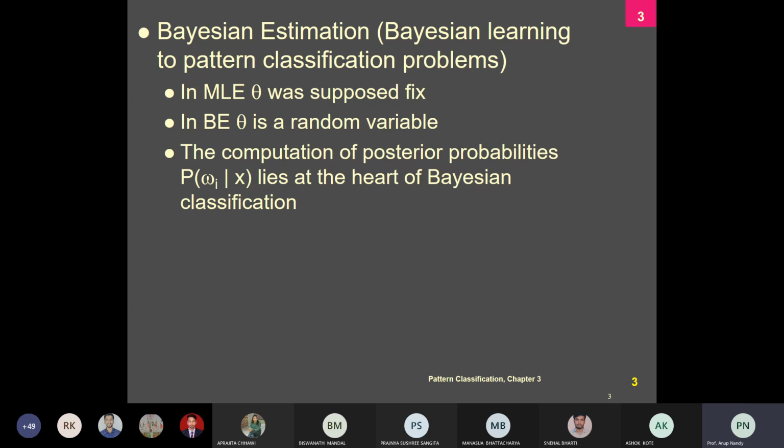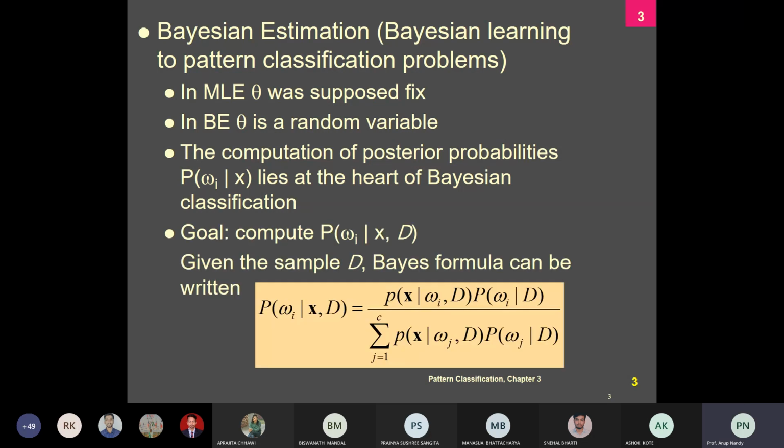Now how did we replace P(wi|x)? With p(x|wi) into P(wi), or if you take two classes, p(x|w1)P(w1) greater than or equal to p(x|w2)P(w2). Now these things we have already seen.